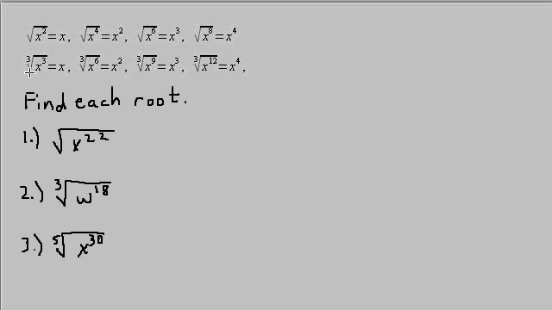And then here we have the cube root of x cubed is x, the cube root of x to the sixth is x squared, the cube root of x to the ninth is x cubed, and the cube root of x to the 12th is x to the 4th. Basically what we're doing, like for example down here, the cube root of x cubed, is taking this index, this 3 here, and this 3 goes into this 3 one time.